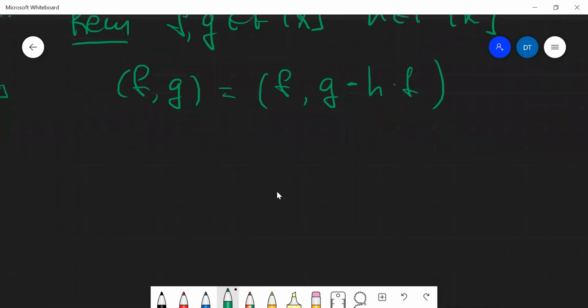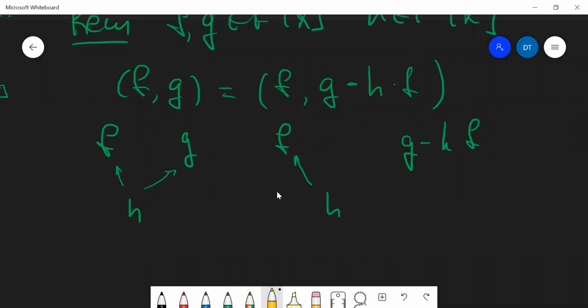Well, how do you prove this? Let me show you how to do that. Let's consider both pairs. Now, first of all, suppose that some polynomial h divides f and g. Then it's clear that h divides f.